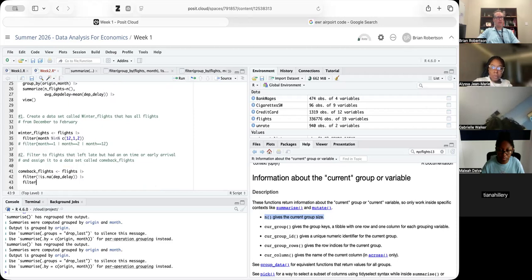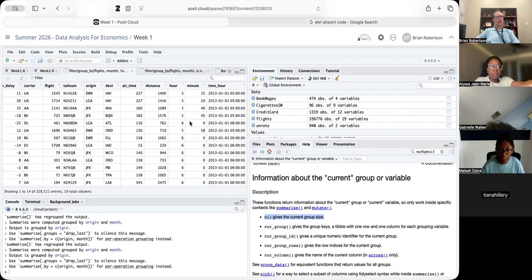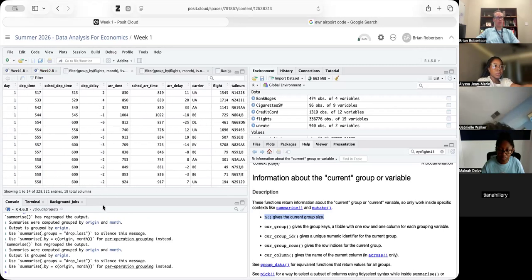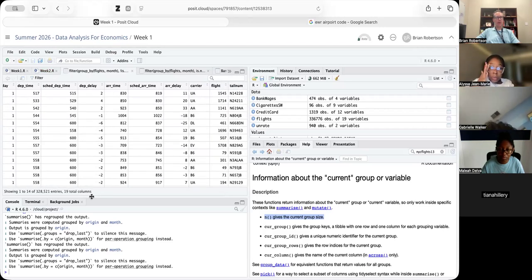And I want to do another filter here, just to keep these separate. Flights that left late but had an on-time or early arrival. So let's go into our data here. I've got the departure delay here. So I want only those values that are positive, right?